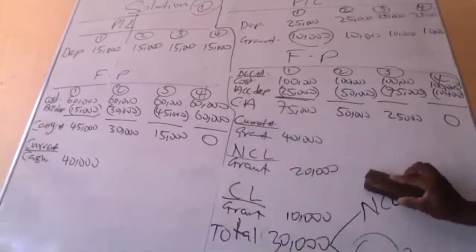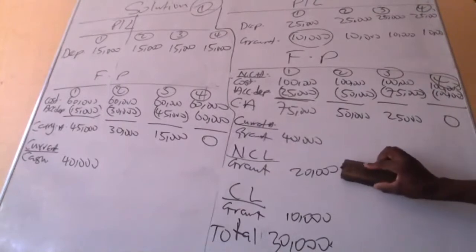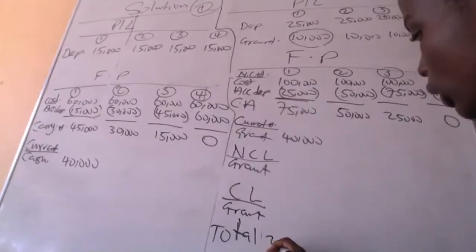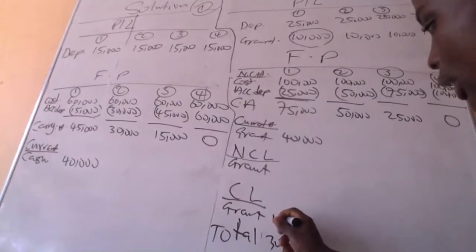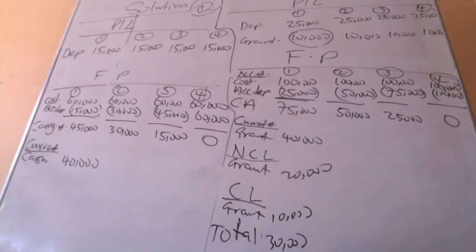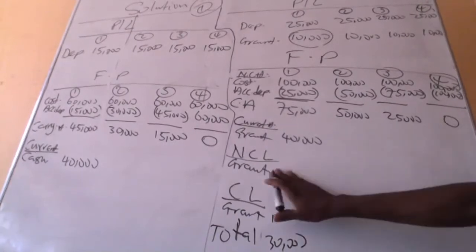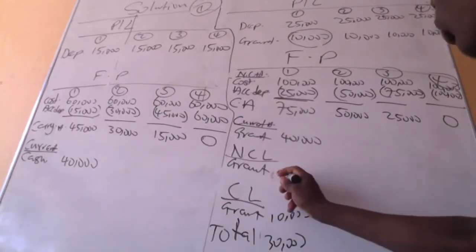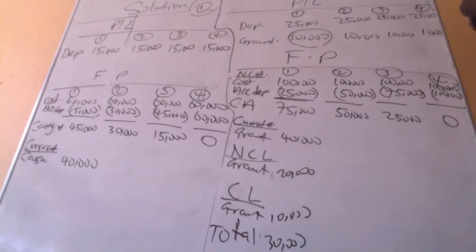Oh yes, and let's go to year 2. Let me write this small. So 30,000, 10,000, and then 20,000. Now let's go to year 2. When I go to year 2, the entire grant is 40,000.